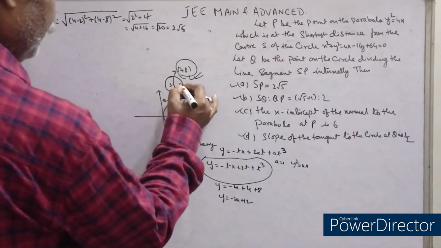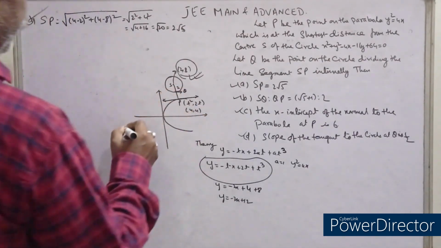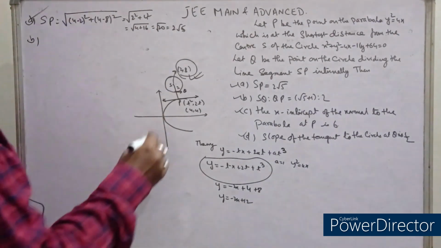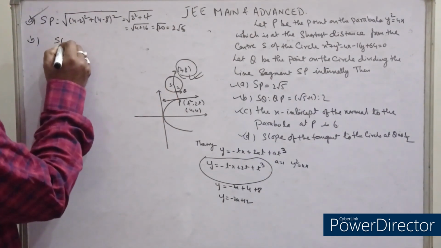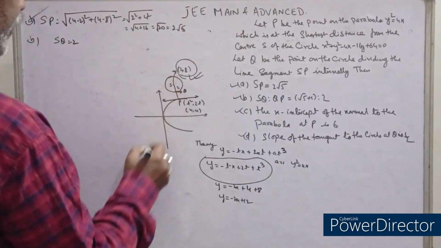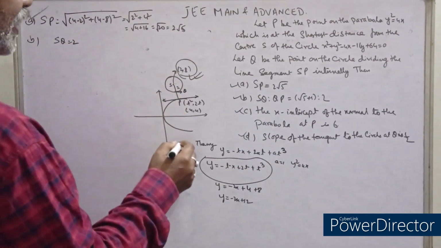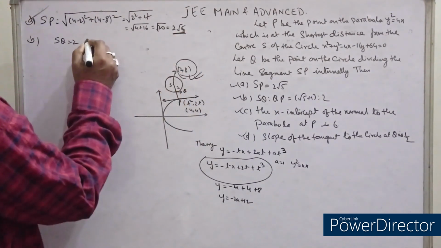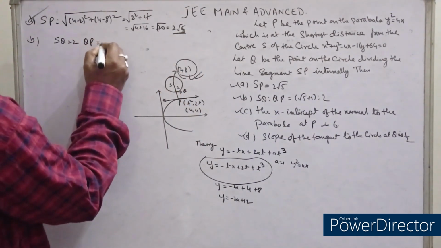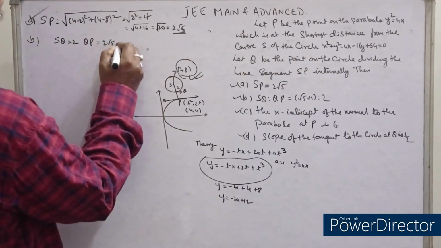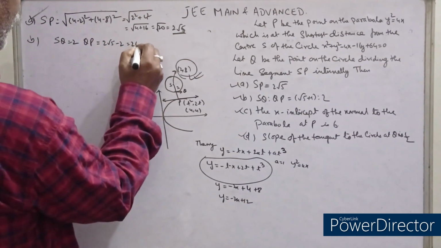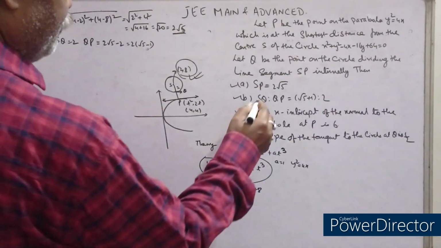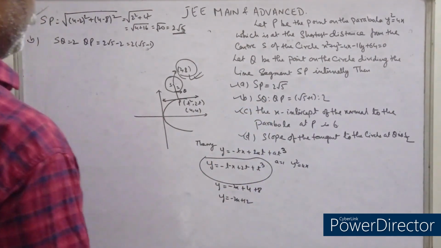Now we know that this radius is 2. So let me go for option B. See, your SQ is 2 because radius is 2, and the SP distance is 2 root 5. So your QP distance will be 2 root 5 minus 2, that is 2 times (root 5 minus 1). Now we have to find SQ is to QP.